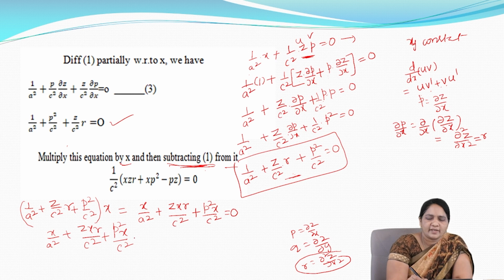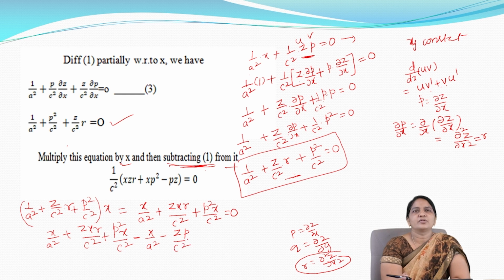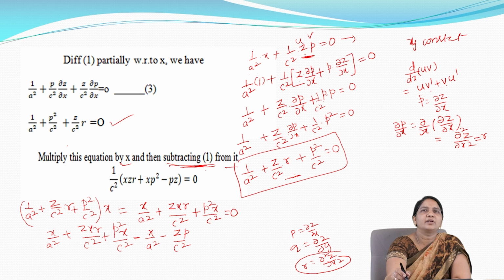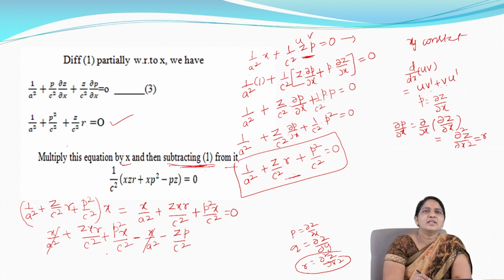So minus x by a square, minus z into p by c square. So this is equation 1, right? x by a square plus z into p by c square. Here I am simplifying: x by a square is cancelled, and here only the c term is there.